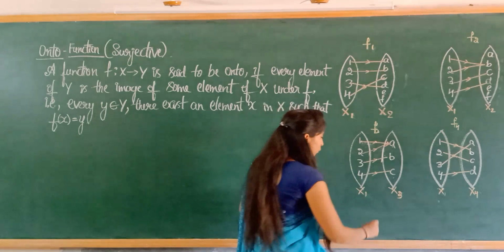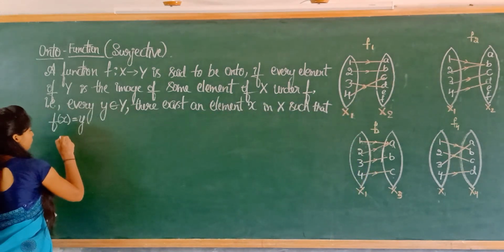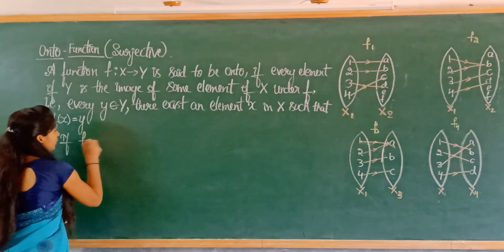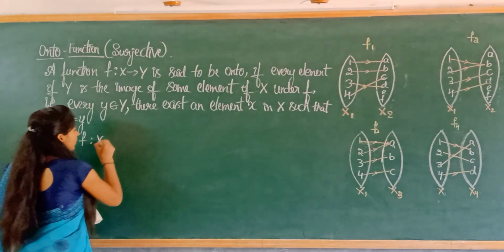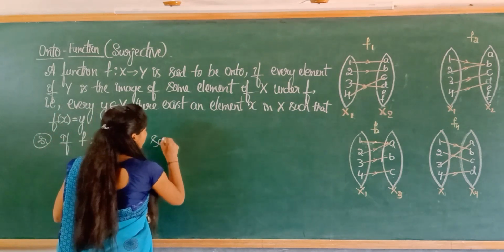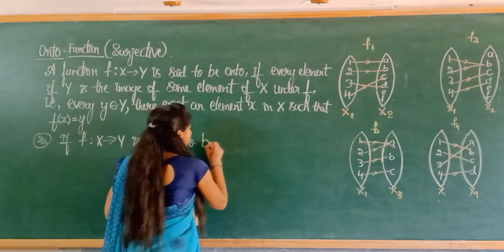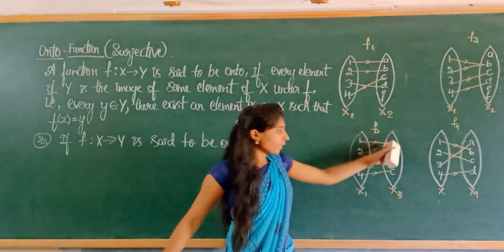And one more thing, a function f from x to y is said to be onto if range is equal to the codomain.